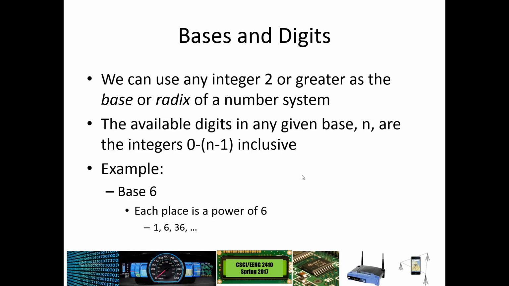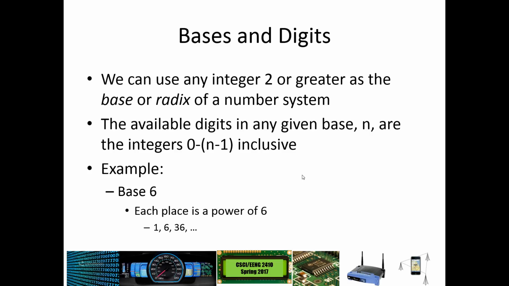So for example, if you had base 6, every place to the right of the radix point would be a negative power of 6, and every place to the left of the radix point would be a positive power of 6. And we're now going to refer to it as the radix point rather than the decimal point, because decimal point implies base 10.